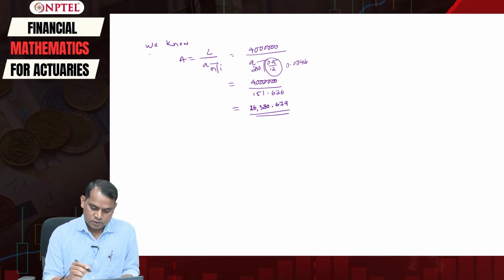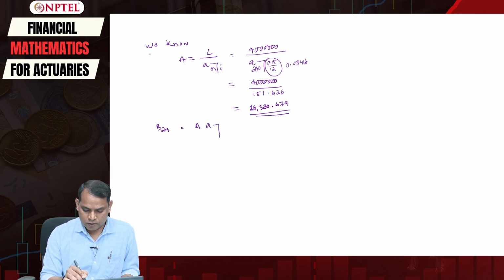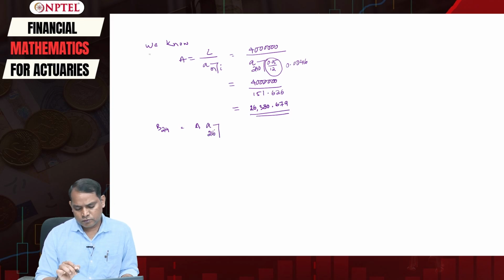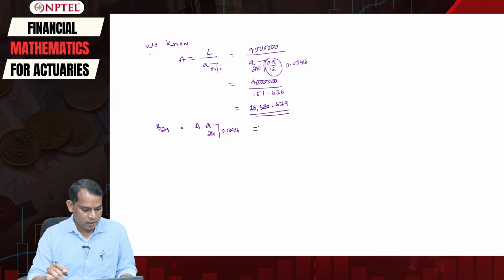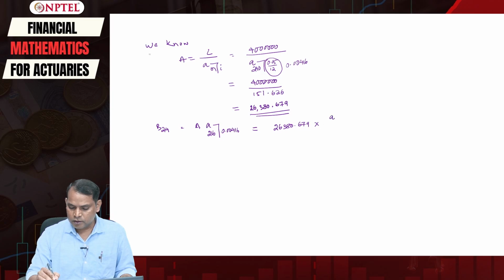For B24, we have to compute A, that is 240 minus 24 is 216, with the interest rate that we have just computed, 0.00416. So A is 26,380.679 multiplied by A angle 216, 0.00416.